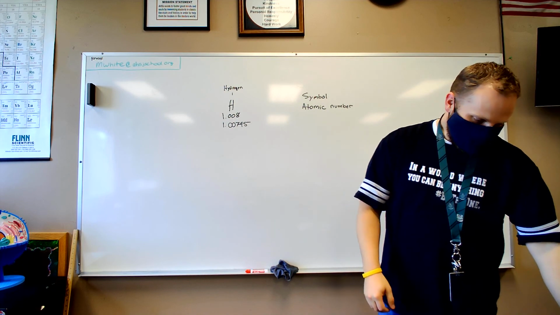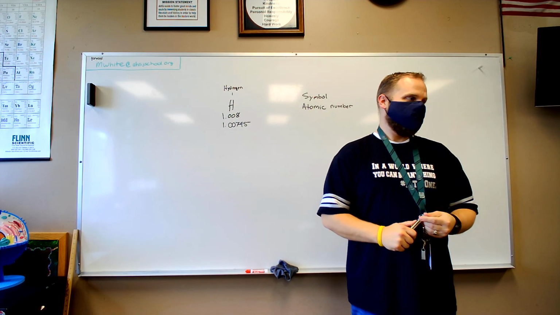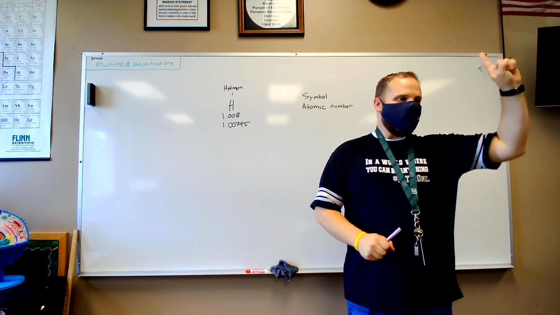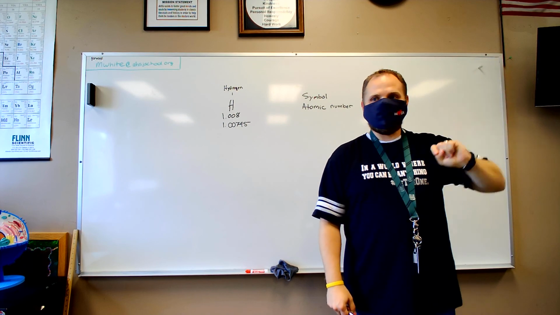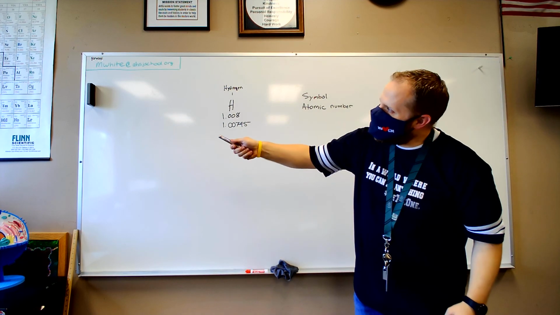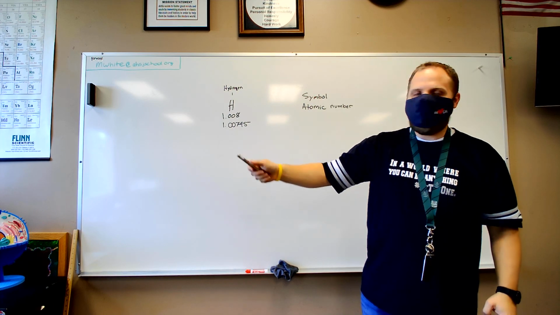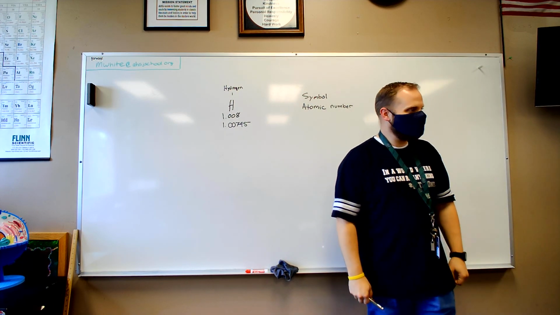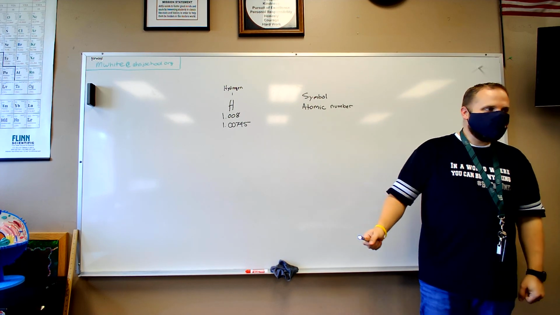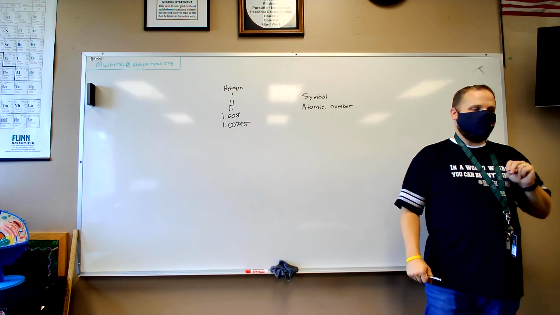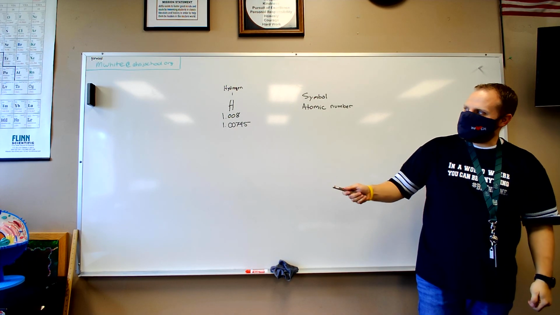And it's actually super, super easy. So group 1 has 1 valence electron. Every single one of these things in group 1 has 1 valence electron. Isn't that nice? Group 2, who wants to guess? 2 valence electrons.